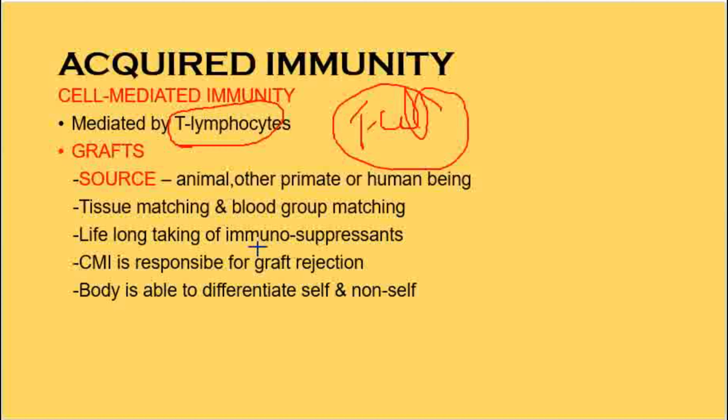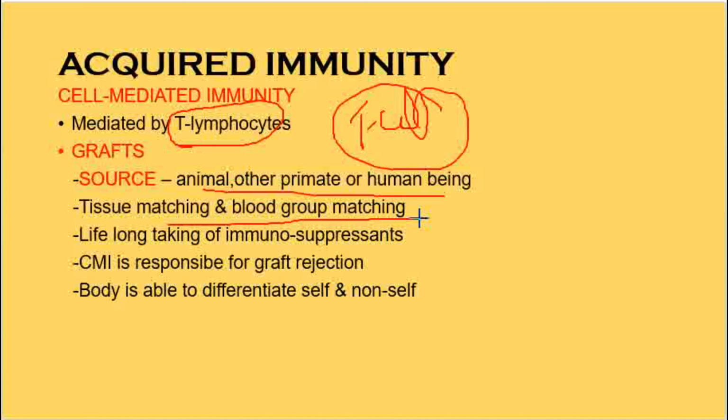And also in grafts, suppose you are wounded by an accident or something, so your skin is getting peeled off, so you get a graft from another source. It can be an animal or any other primate or even another human being. During this, they will first do the tissue matching and blood group matching between your blood group and tissue and the source tissue.